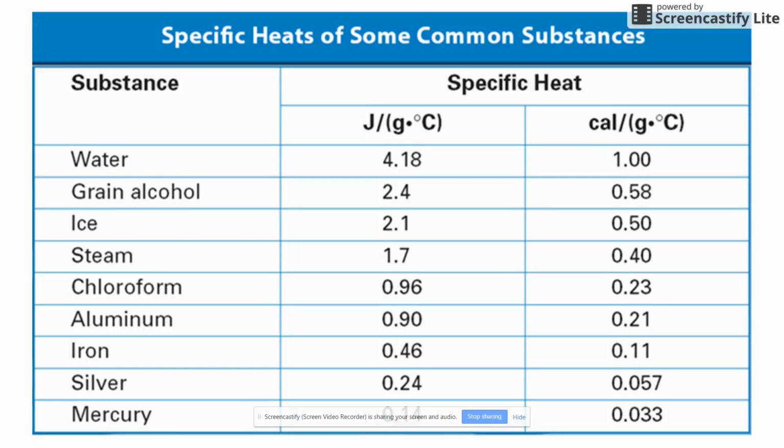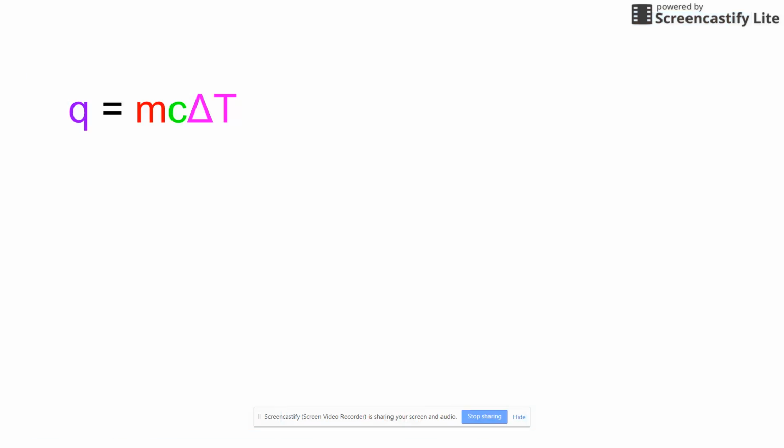It takes 1 calorie to change 1 gram of water 1 degree Celsius. Since water has the highest specific heat here and mercury has the lowest, it takes a lot more energy to change a gram of water 1 degree Celsius than it does to change 1 gram of mercury 1 degree Celsius.